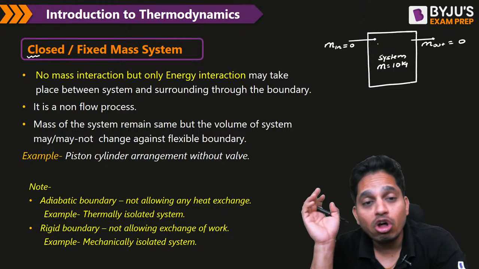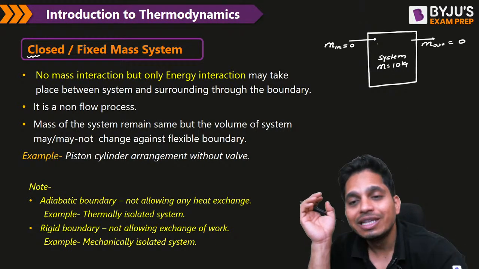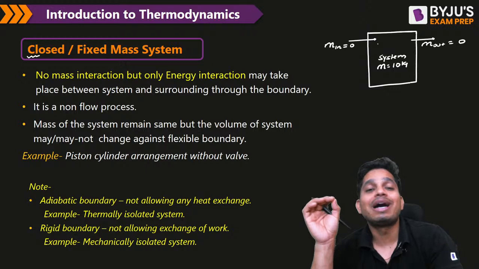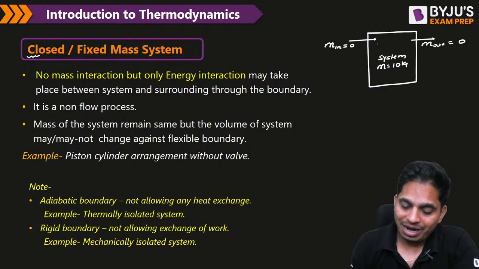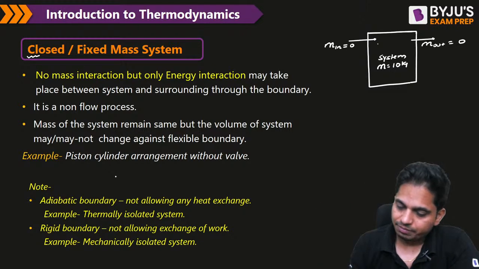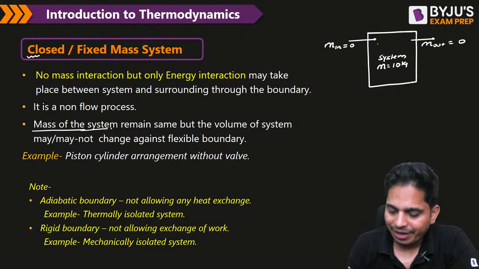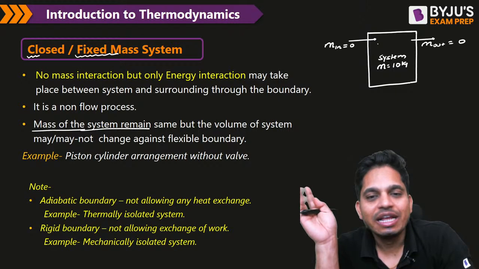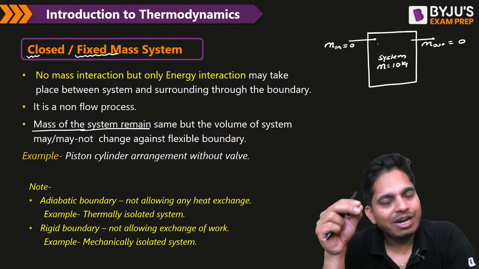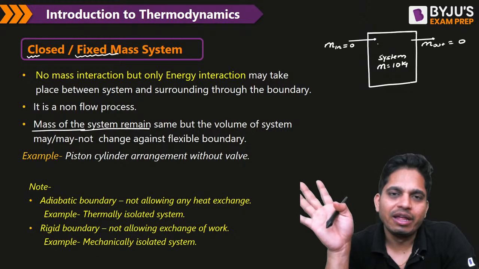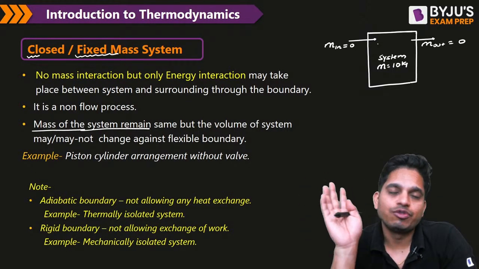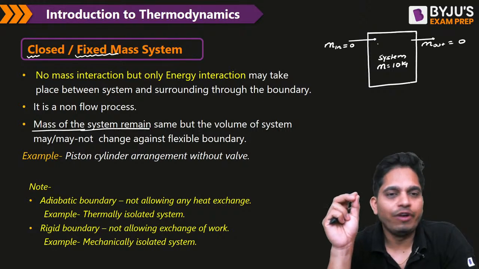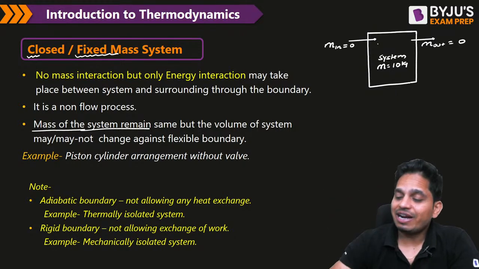That means it is a fixed mass system. Mass of the system remains the same. So you can also say fixed mass system, because once whatever mass has entered, you have done it, and after that you will not allow any mass transfer. So mass is fixed. But energy transfer can happen.